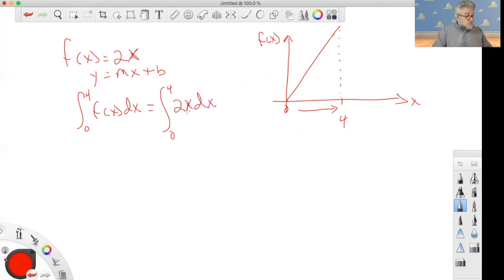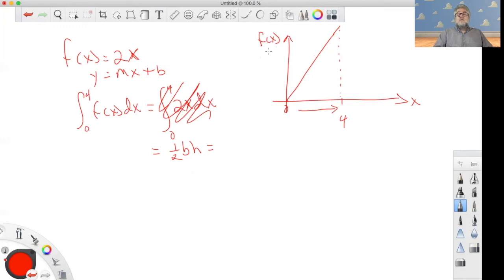This is how we would do it in calculus, but that doesn't mean very much to you right now. What this means is that when we do an integral, we're finding the area under the curve. We might write it as the integral like this, but we're going to use geometry to figure it out.